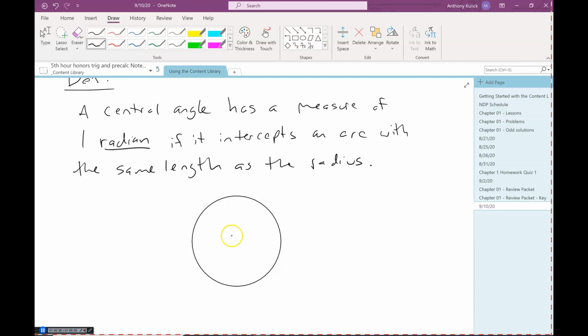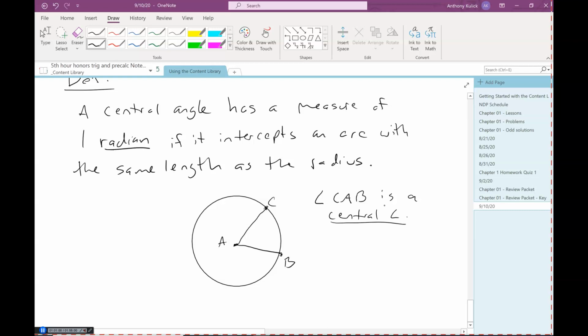The center, right? So we'd say that angle CAB, remember that when we name angles, we use the vertex as the middle letter, is a central angle. Everybody remember that from geometry now with a little refresher?